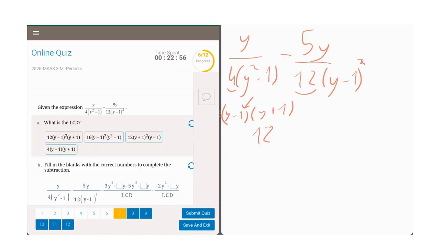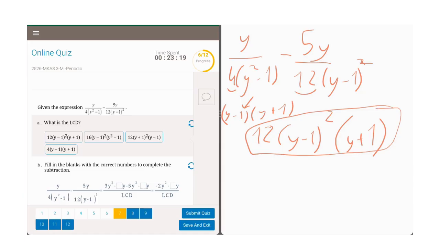And here we have y minus 1 squared. So the common factor in here would be y minus 1. We take the one with a higher power, so y minus 1 squared into y plus 1, because that's what is not common, so we just drop it in. Here they ask what the LCD is, so we have this: 12 times y minus 1 squared times y plus 1.